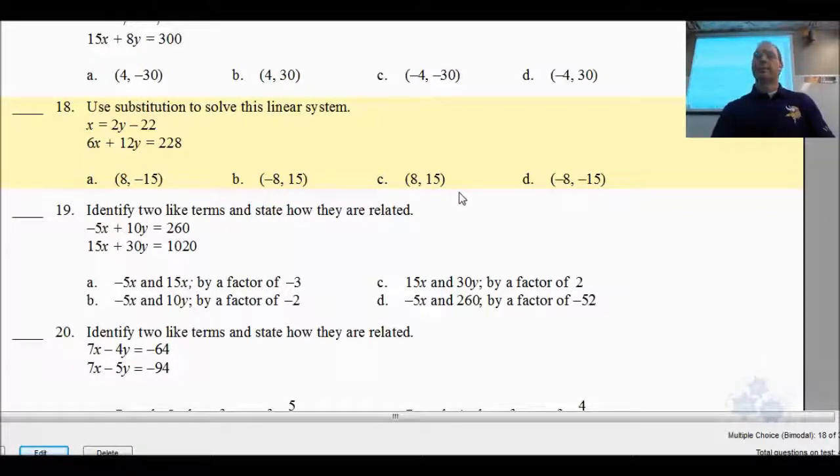For questions where it says use substitution, we have to show our substitution. Yeah, on the test you'll probably see show your work for full marks. If I don't see any work, you probably won't get full marks. When it says use substitution, you have to use substitution.